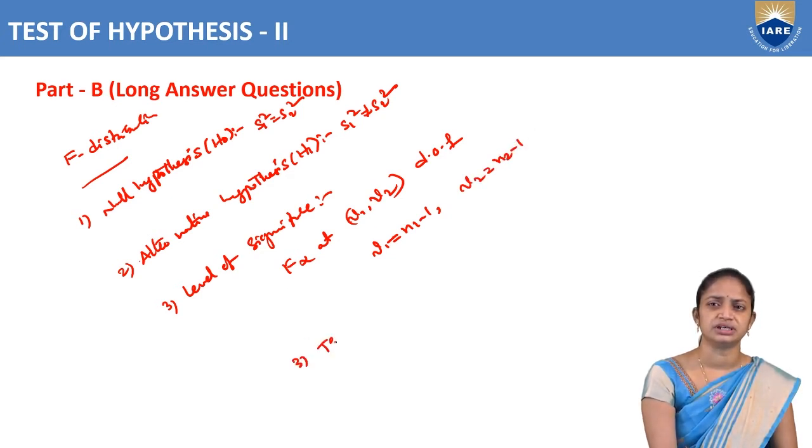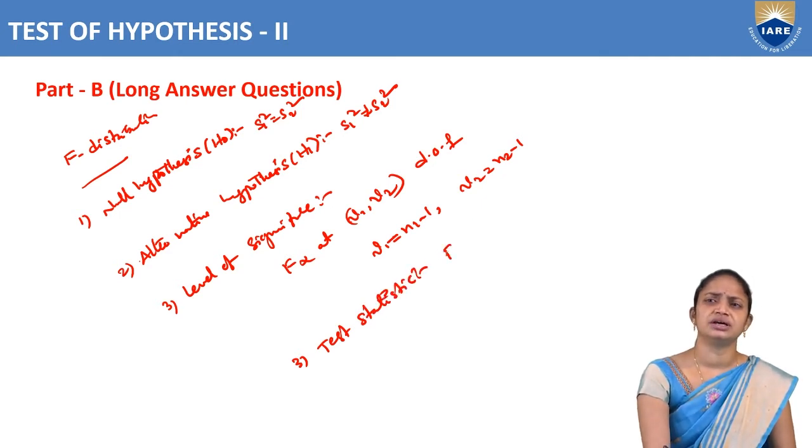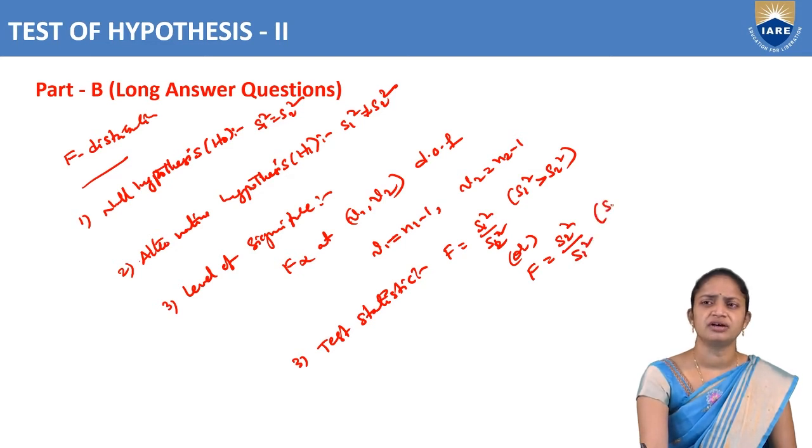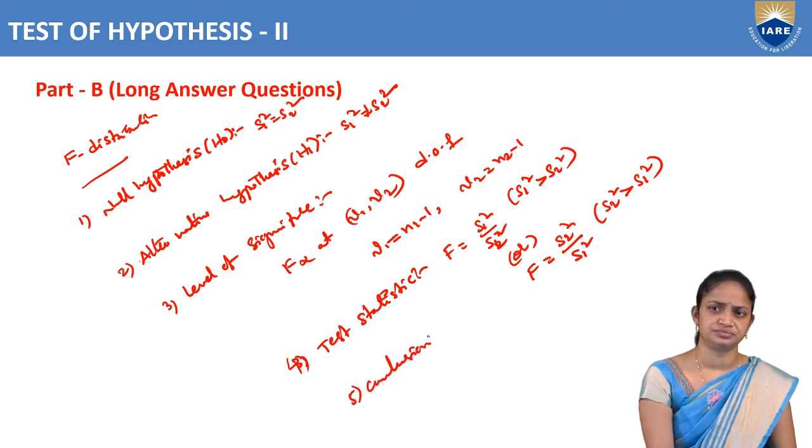The next one is test statistic. So here we have to use f equal to s1 square by s2 square, where s1 square greater than s2 square, or f equal to s2 square by s1 square, where s2 square greater than s1 square. So this is the fourth step, and the fifth step is the conclusion.